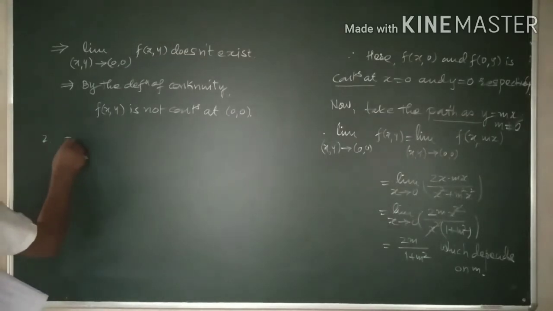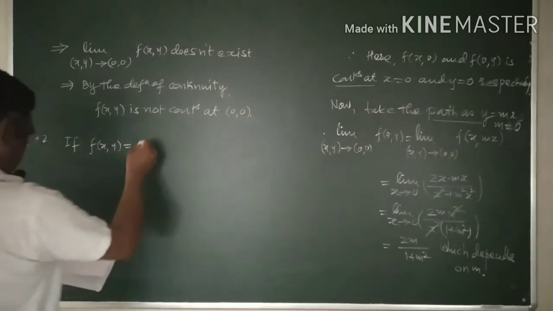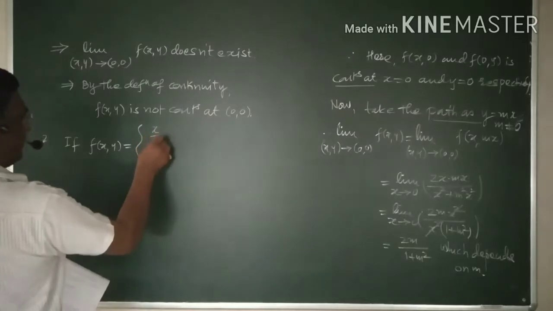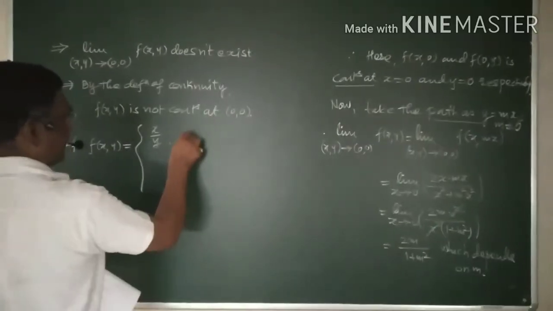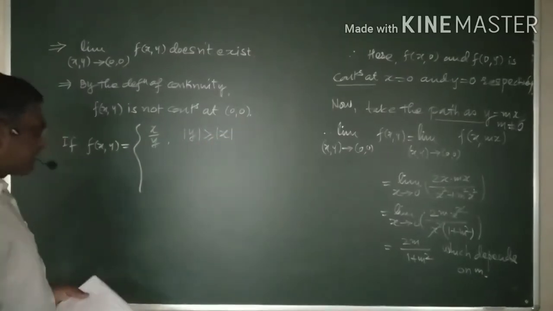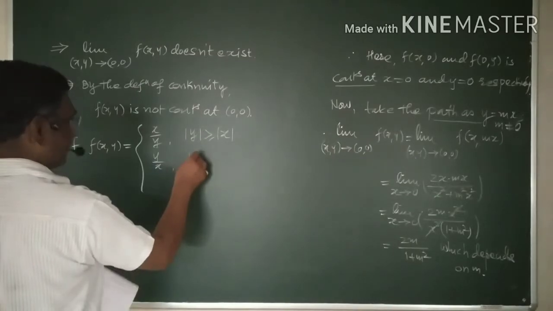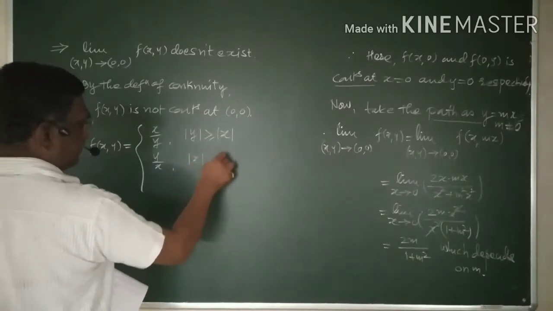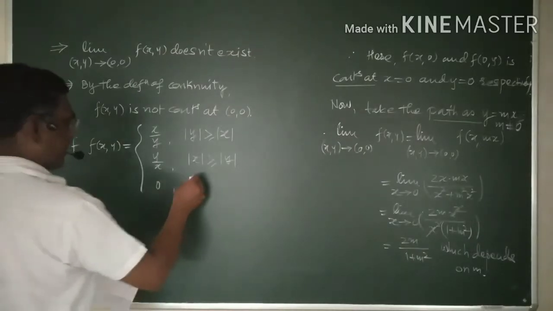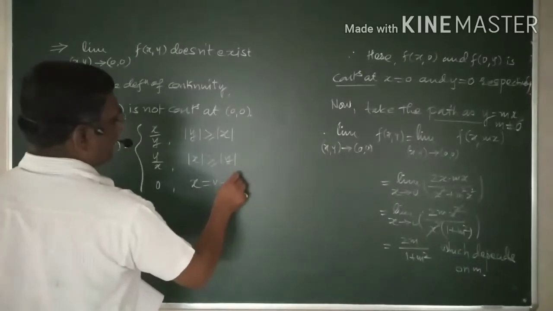Second one: if f of (x, y) is equal to x upon y if the absolute value of y is greater than or equal to the absolute value of x, y upon x if the absolute value of x is greater than or equal to the absolute value of y, and is equal to 0 if x, y both are 0.